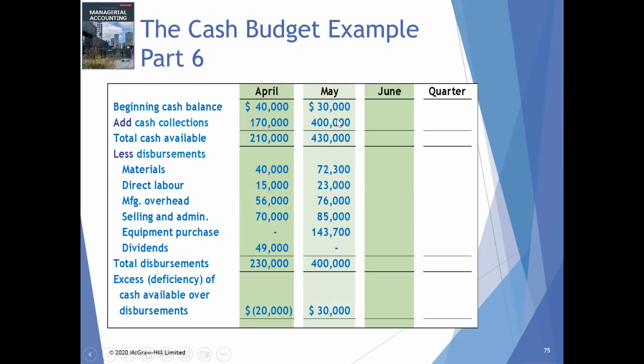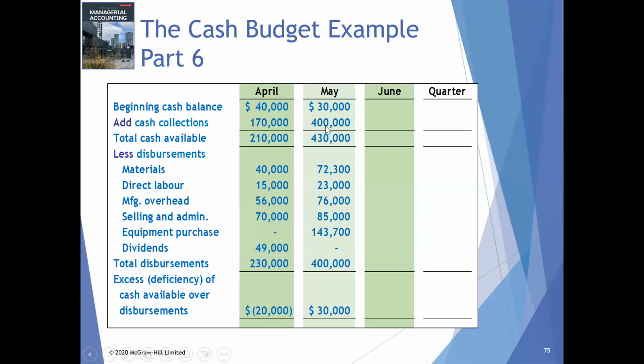Now for the month of May, we have done exactly the same thing, but here you will see the difference. 143,700 is the equipment purchase. The 30,000 that we collected as the closing balance of April will be the opening balance for May. Closing balance for May will become the opening balance for June, like this.